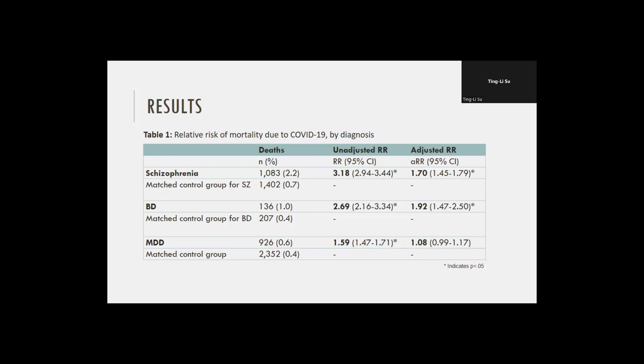When you adjust for those other variables, when you take into account their pre-existing conditions, vaccination status, other variables, it does reduce somewhat, but it does remain significantly higher amongst those two groups, amongst people with schizophrenia and bipolar disorder. It's less clear-cut for people with major depression. It doesn't quite reach that threshold, but you can see the pattern there, can't you?